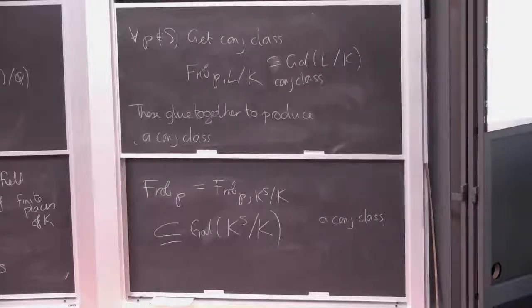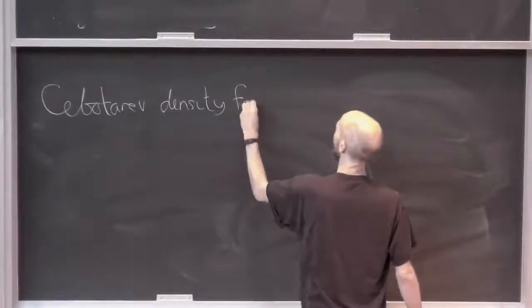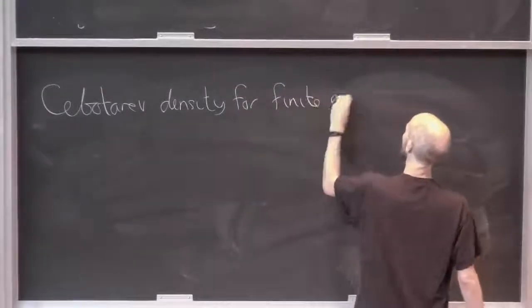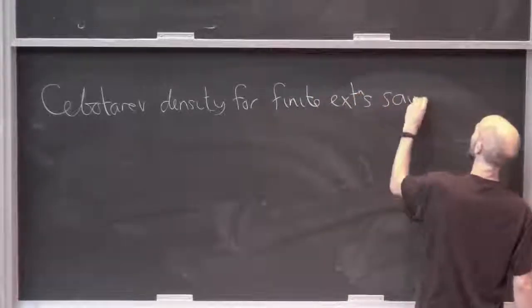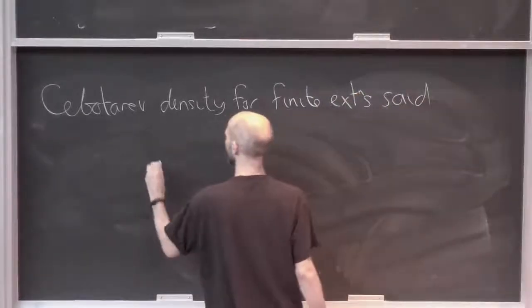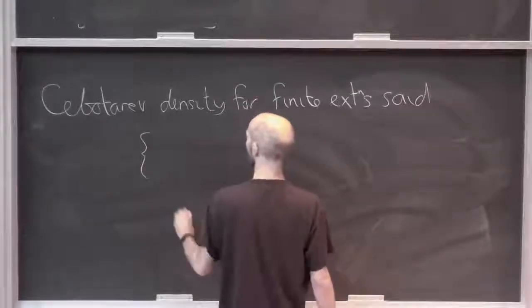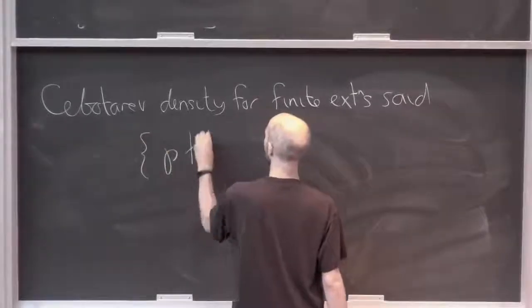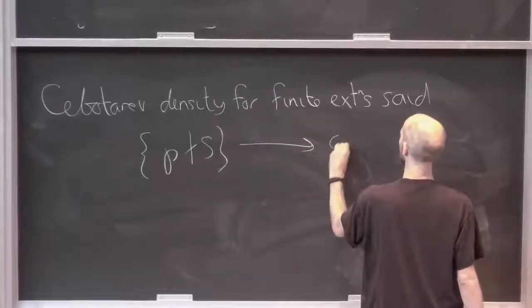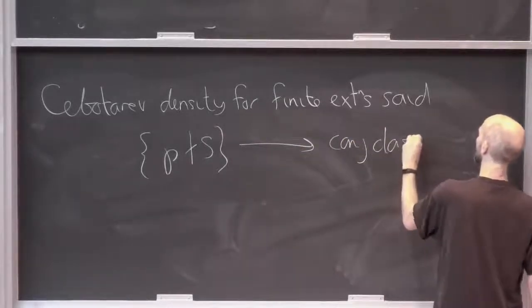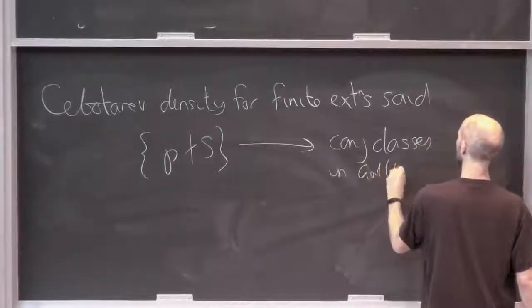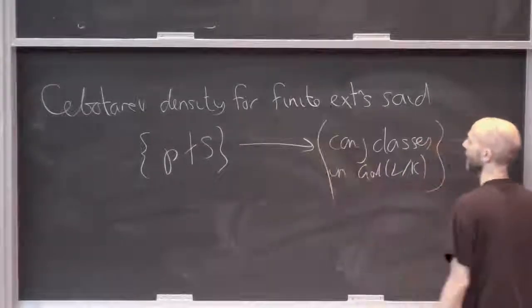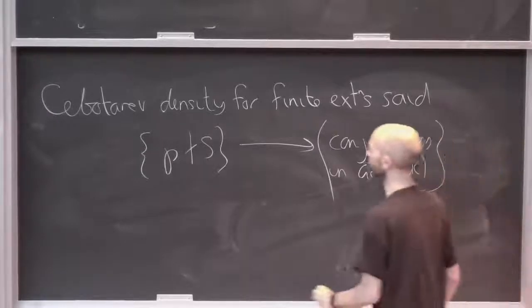And then what does the Chebotarev density theorem say? Chebotarev density theorem for finite extensions said that this map here, from primes 𝔭 not dividing S to conjugacy classes in Gal(L/K), sending 𝔭 to Frob_𝔭, was surjective.